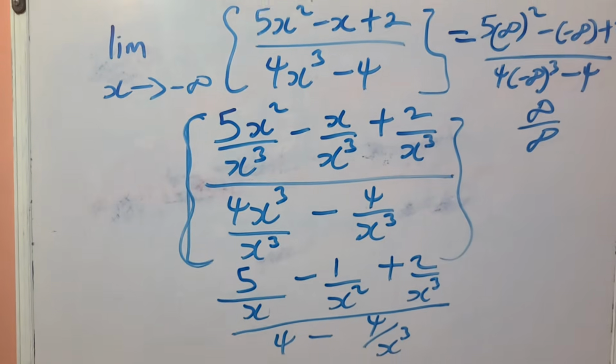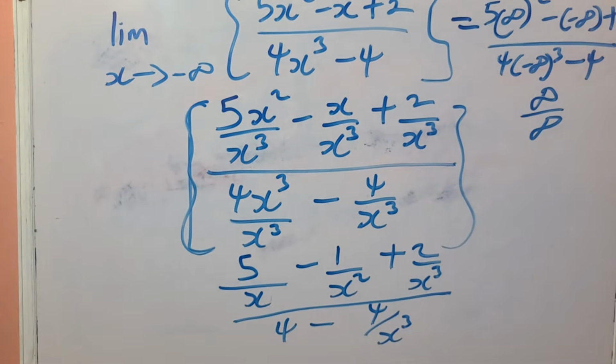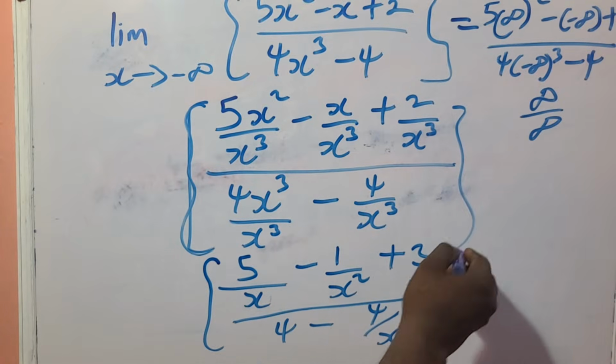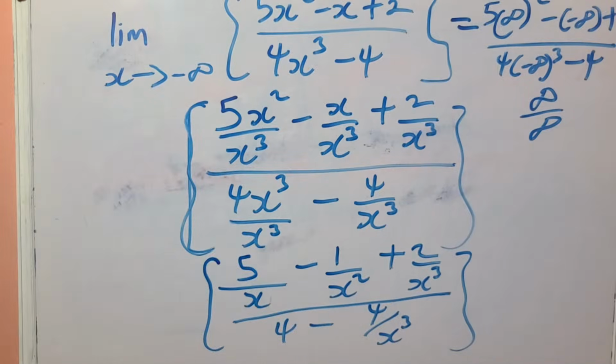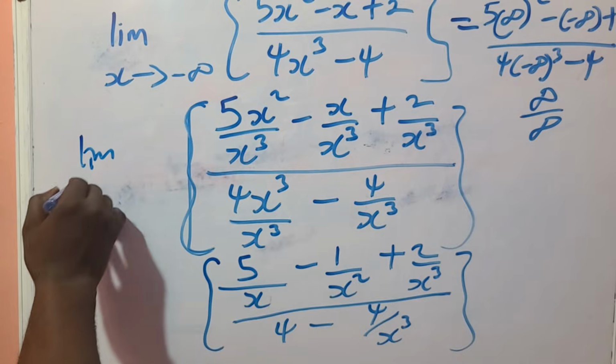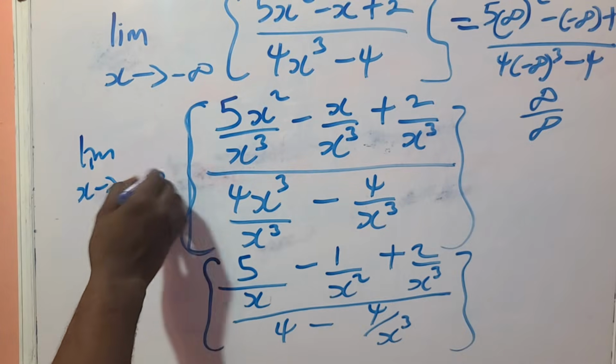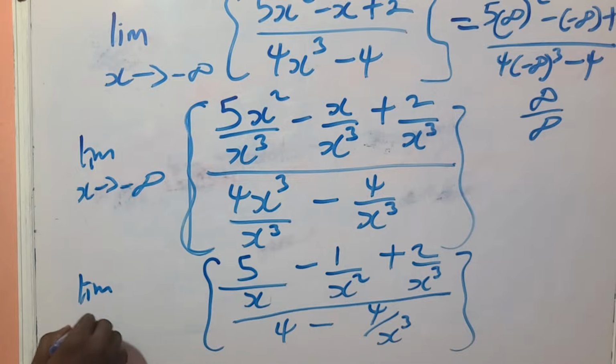So this is what you are going to first do when you have a question like this, when you are having a situation where it's tending towards infinity. At this instance, you want to go on to now fix in your values of x, which is tending to negative infinity.